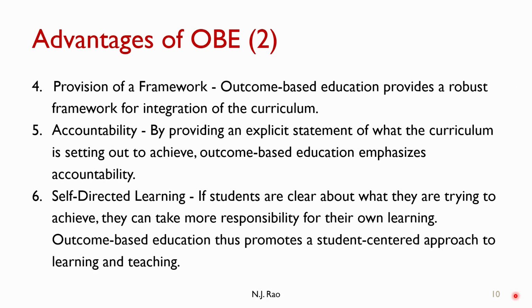And then when the outcome statement is clearly stated, some of the students can directly look at it and take responsibility for their own learning. They do not have to wait until the teacher has completed the class to understand what the output is. If they have a clear statement, the student himself can plan his own learning. So it promotes a student centered approach to learning and teaching.